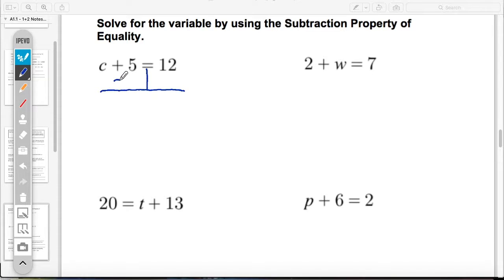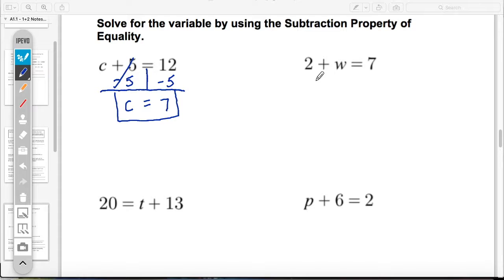So, as we just said, I'm going to subtract that number. So minus 5 here, minus 5 on this side. Okay? So 5 minus 5 is 0, which leaves me with a c on this side. My equal sign drops down, and 12 minus 5 is 7. Okay, so my solution is c equals 7.